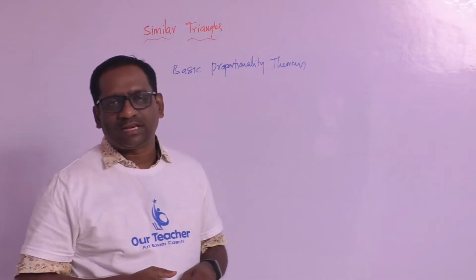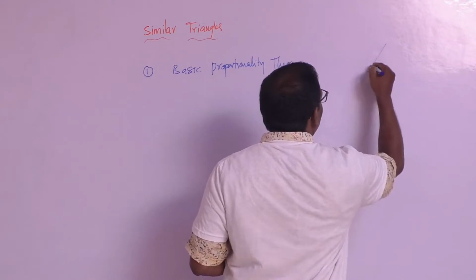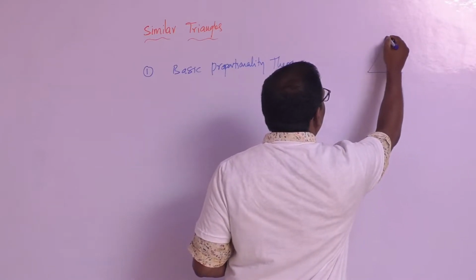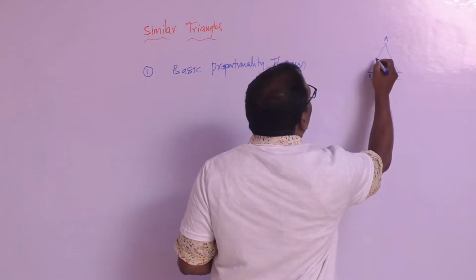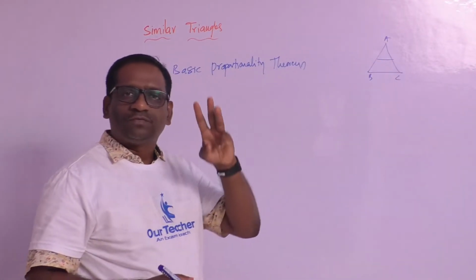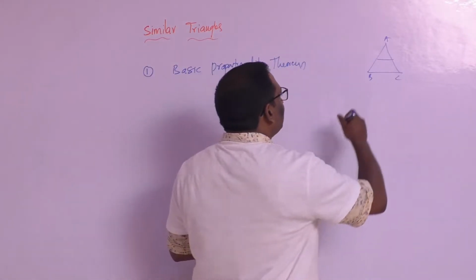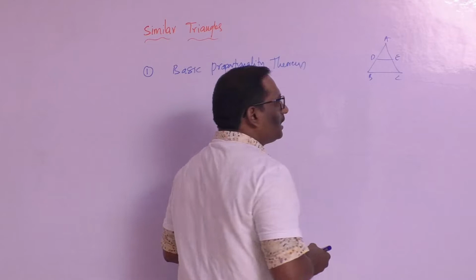Basic proportionality theorem is nothing but: in a triangle ABC, if a line is drawn parallel to one side of the triangle, that is, out of three sides, for one side we take a parallel line, DE.